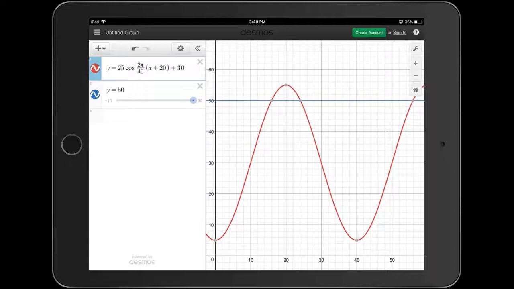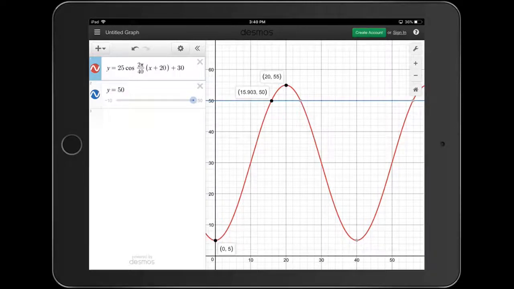And what you notice, hopefully, is that it starts down here at this point of (0, 5), which means time 0, 5 feet above the ground. We start going up on the Ferris wheel, and at this point right here, 15.9 seconds, we will be at 50 feet. Notice up here, at 20 seconds, which makes sense because we know the whole period is 40, we'll be at that max height of 55.